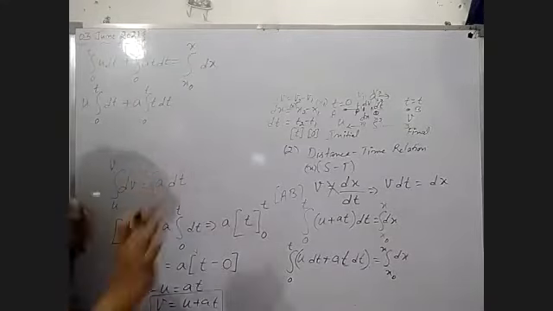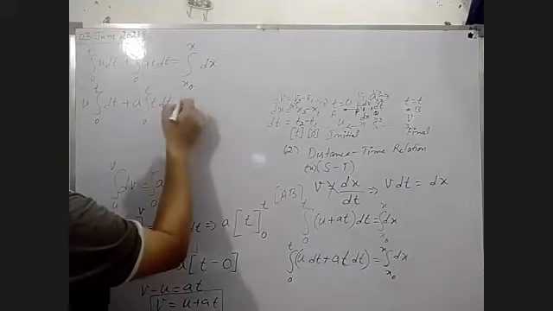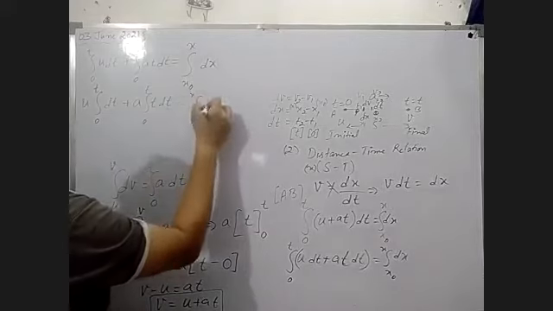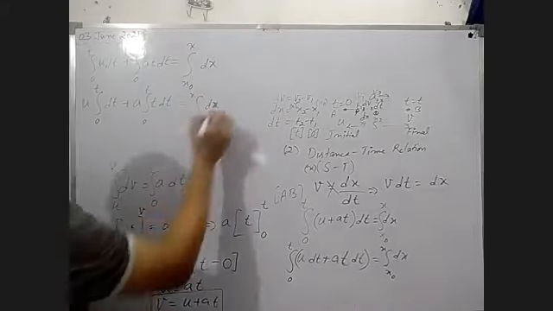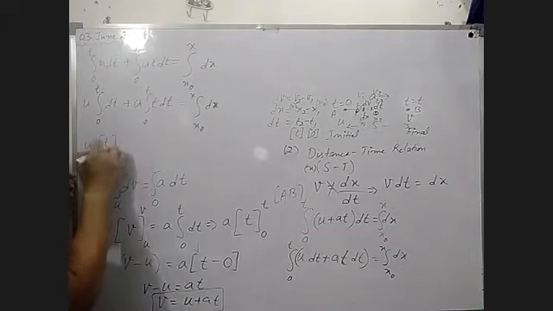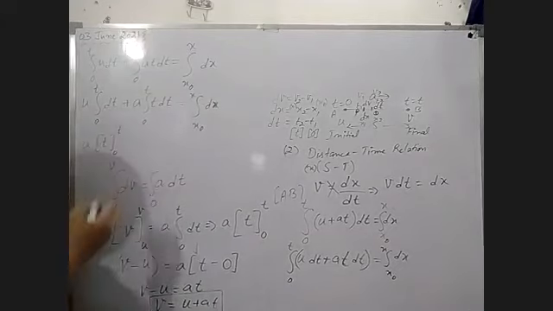Only the t quantity we can take in the integration part. Now x0 to x dx. Okay. Now u, what is the integration of dt? t, limit 0 to t.